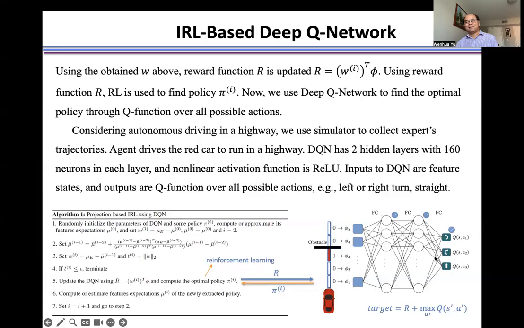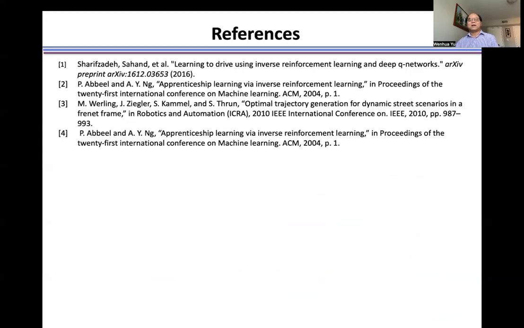The Q network generates a policy and gives the policy to the inverse reinforcement learning. In this way, we can finally find the optimal policy without manually designing the reward function. For more details, please check this reference. Thank you. Bye.